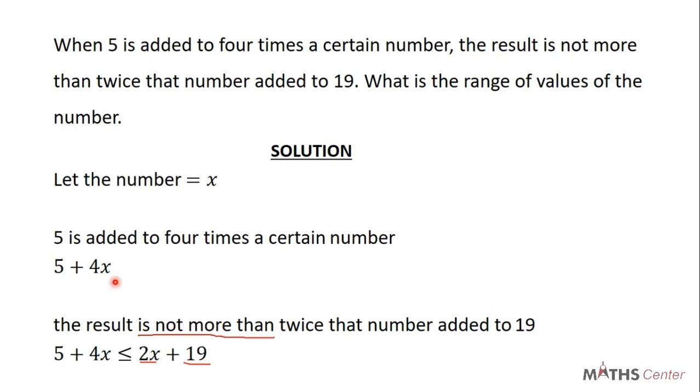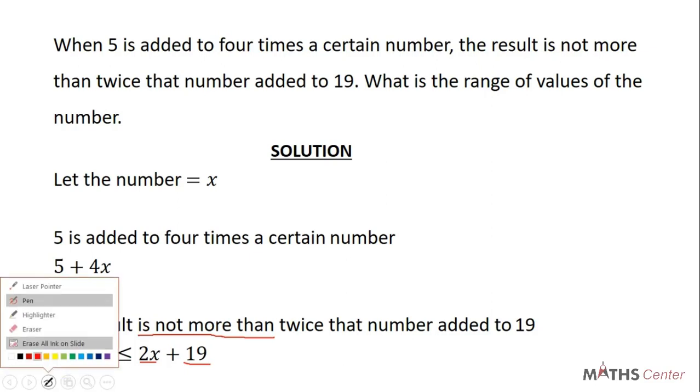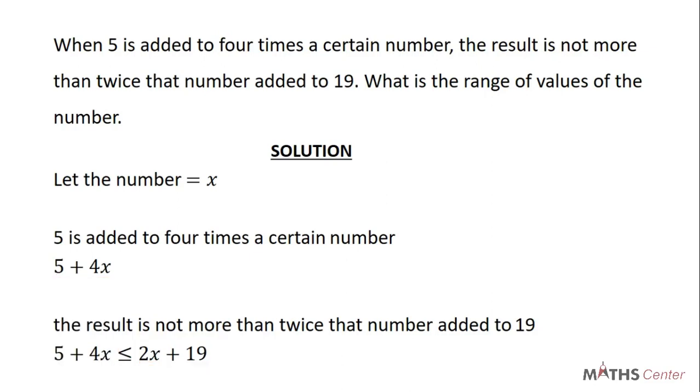The result is not more than twice that number added to 19. That number is now x, so twice that number will be 2x added to 19, so plus 19. So the expression that we are supposed to solve in order to get our answer is 5 plus 4x is less than or equal to 2x plus 19.